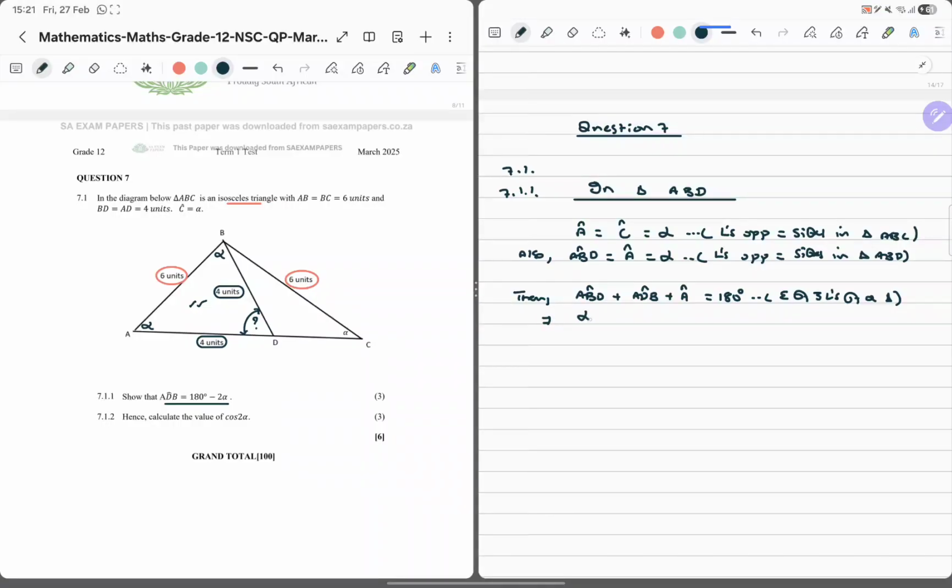So this implies that alpha plus ADB, which is what we want, plus alpha is 180 degrees. Therefore, angle ADB is going to be 180 degrees minus 2 alpha, sorry, so used to x.